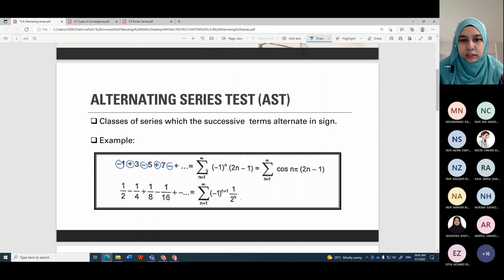This function involves the alternating sign: positive, negative, positive, negative. Or equal to the summation of cos n pi times 2n minus 1, since cos n pi is equal to -1 to the power of n.